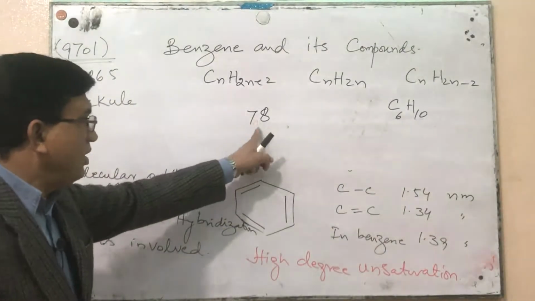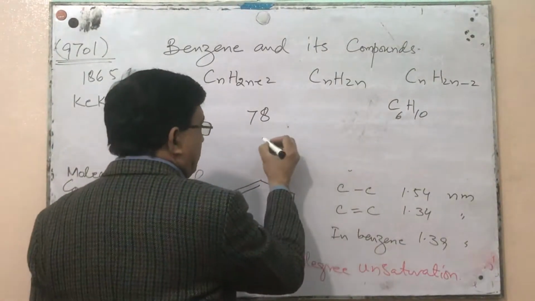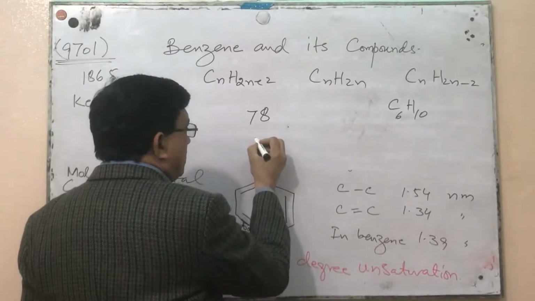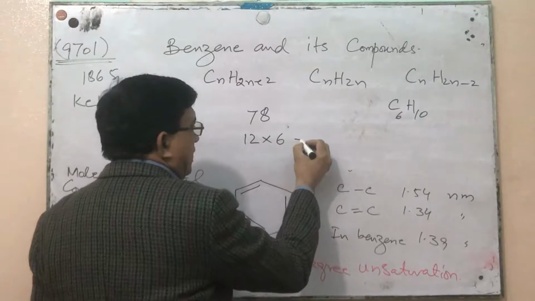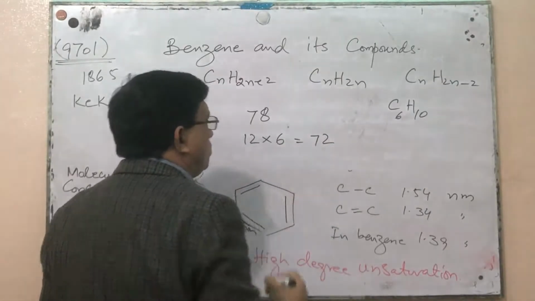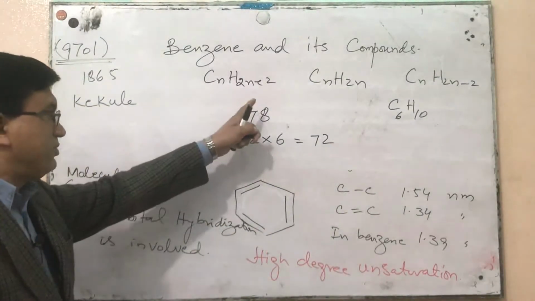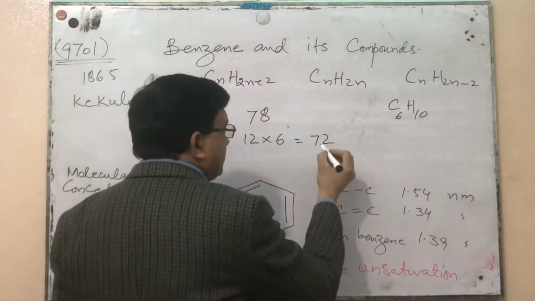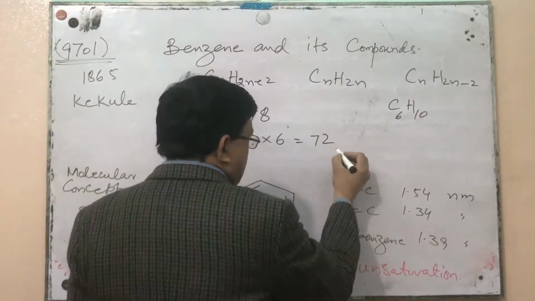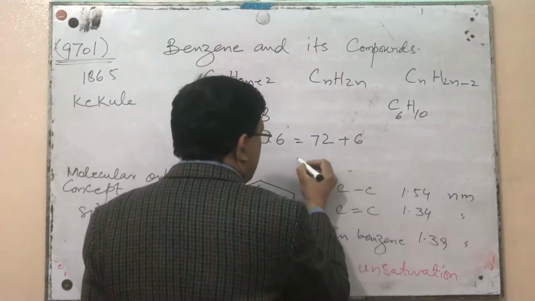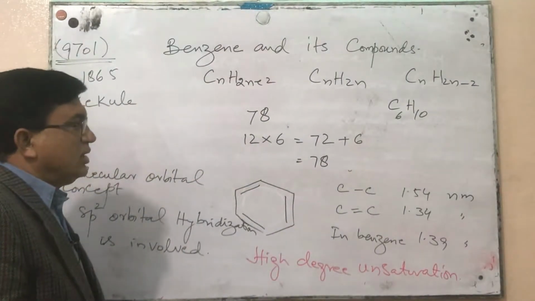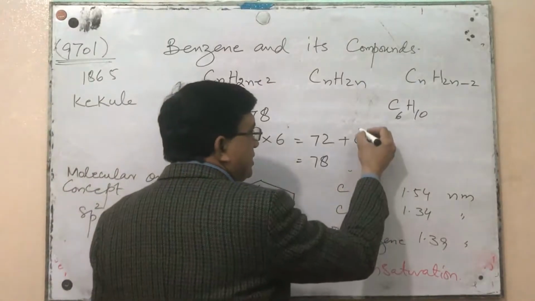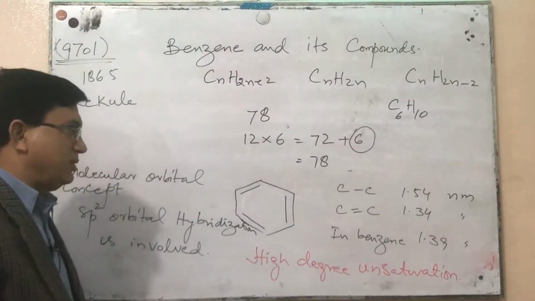Six carbons means 12 multiplied by 6, which is 72. Only a difference of 6 is left. If we add 6 more, we get 78. So scientists reached the conclusion that these 6 are hydrogen.